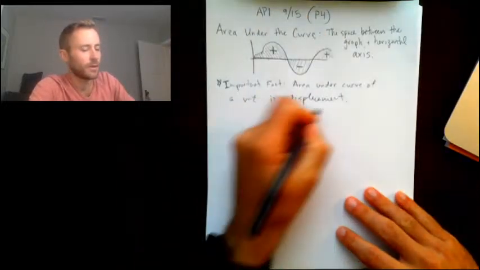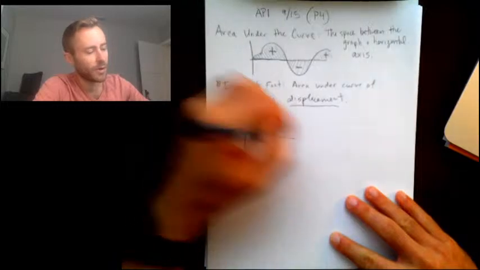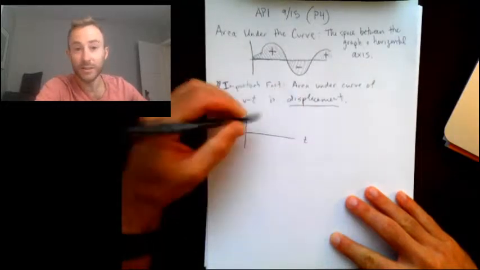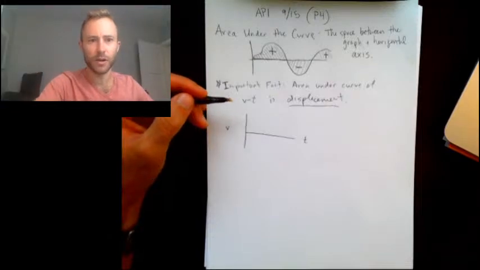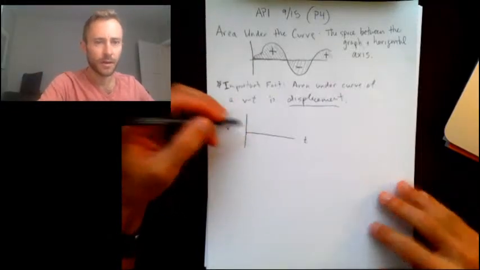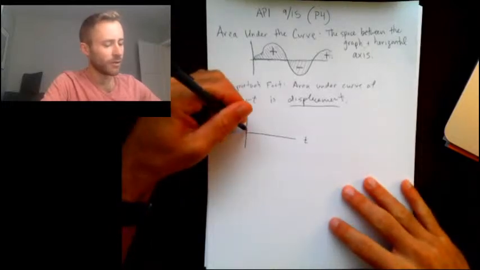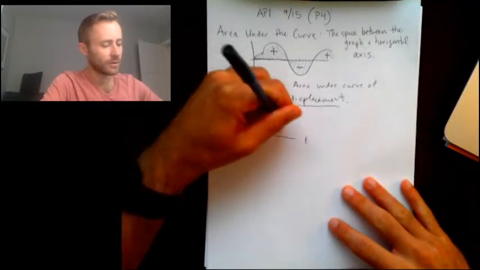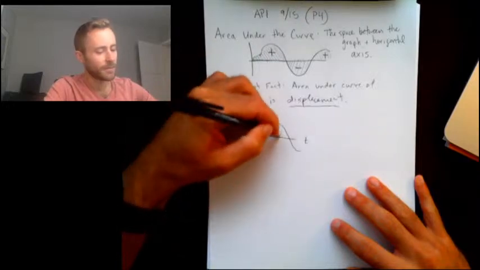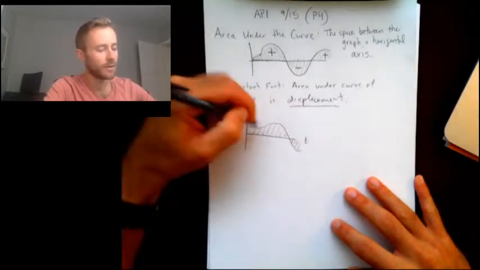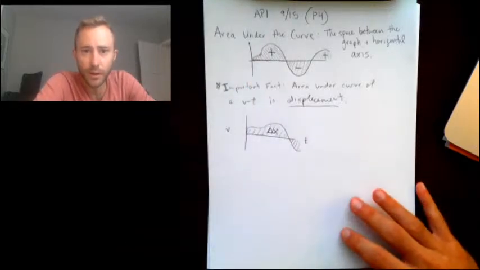So if we have a velocity time graph and we want to know how far did something go, remember displacement is how far it traveled from where it started to where it ended up. So let's say we have a graph like this that does this. This area is going to be the displacement.